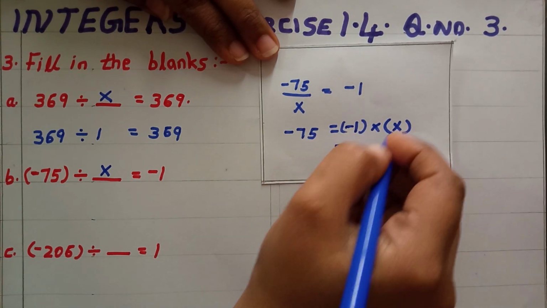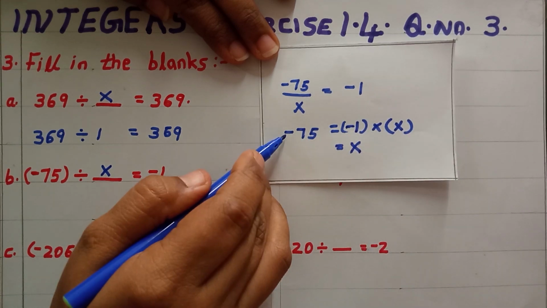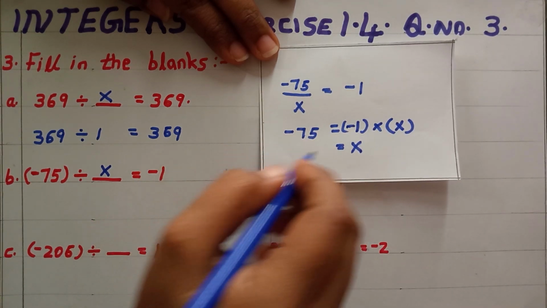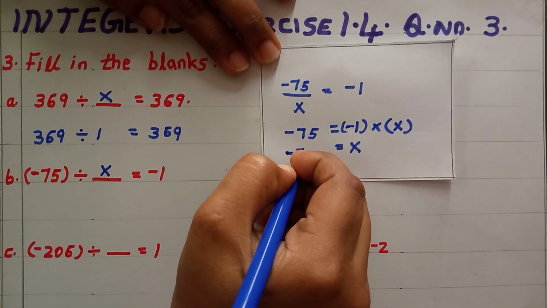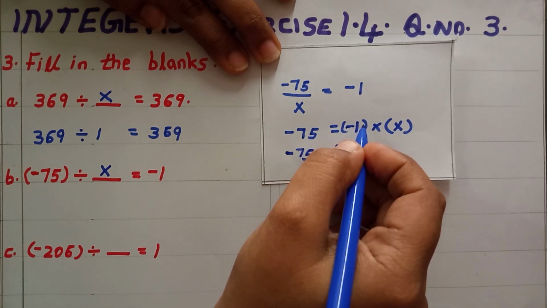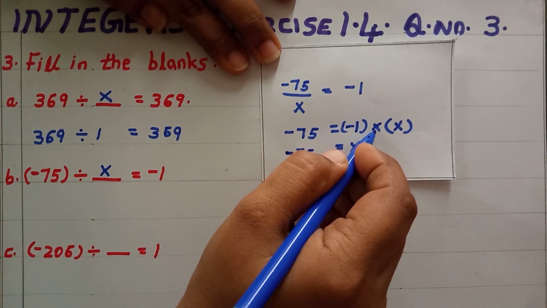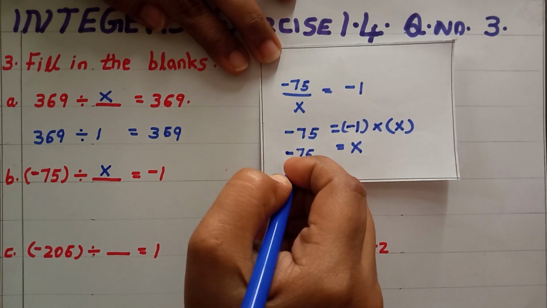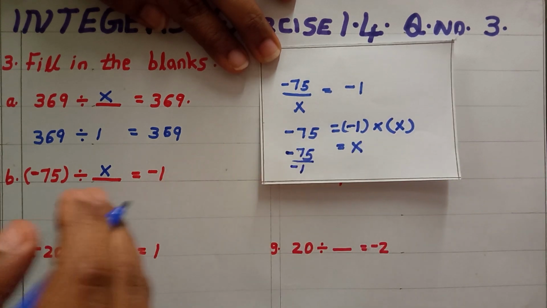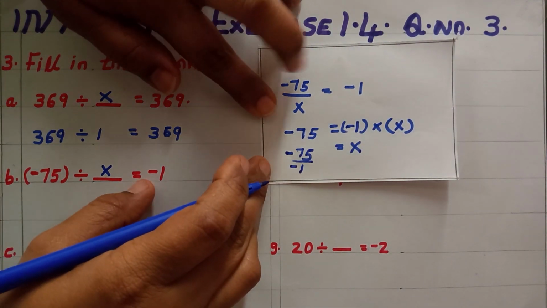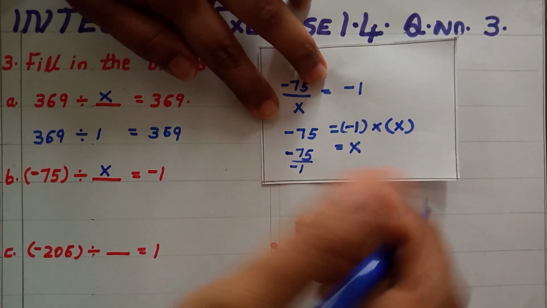So keep this x here itself and take this minus 1 to this side. Then here who is the host? Minus 75. And who is coming from the other side? Minus 1. And calculation is multiplication, that will change into division while we are crossing the bridge. So minus 75 divided by minus 1 will give us the value of x.